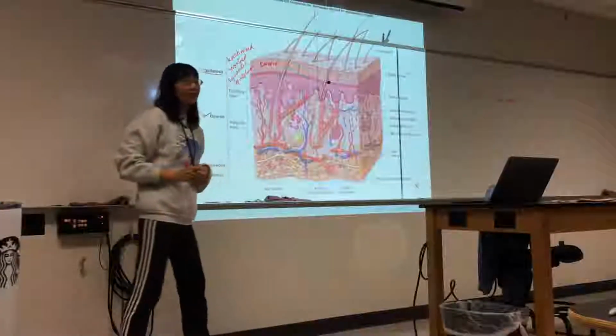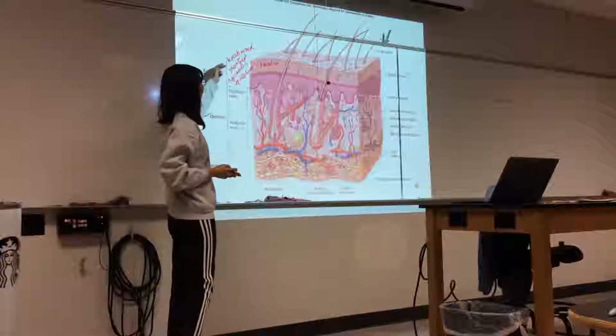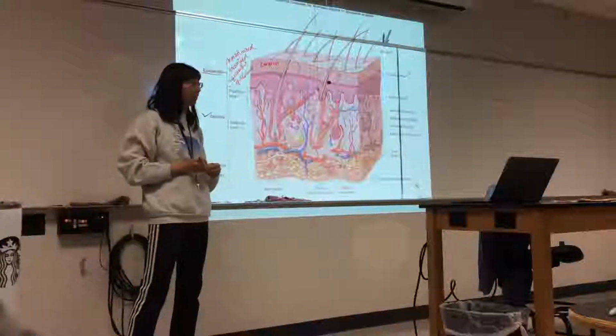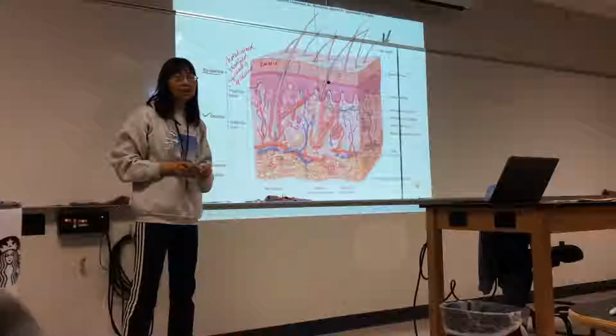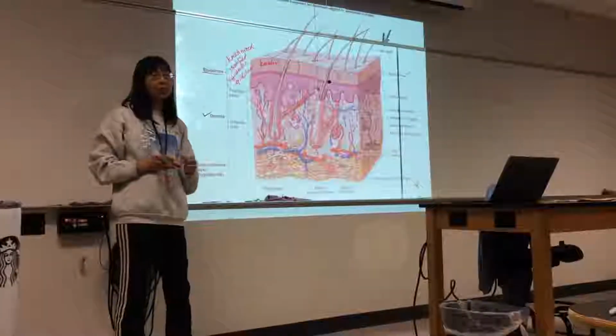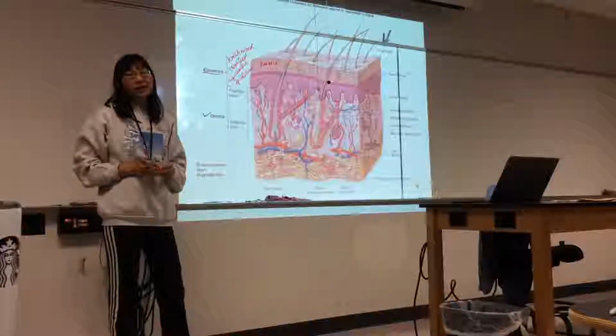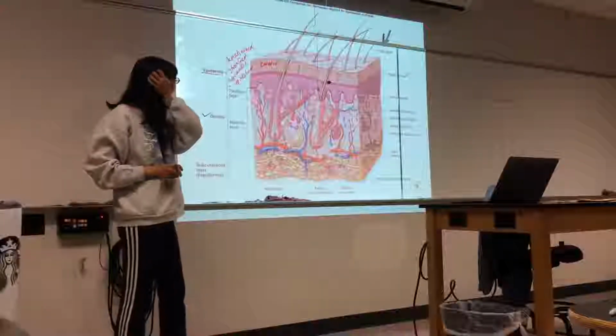When the keratin is there, it gets the name keratinized stratified squamous epithelium. What is keratin? Anyone know? It's a protein, and it's basically dead skin cells. Okay.